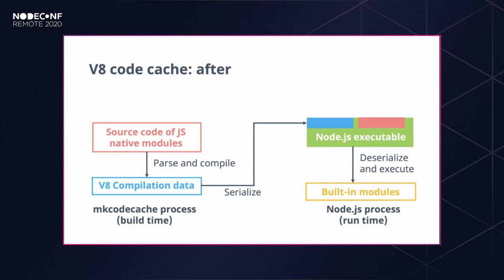The compilation data contains the bytecode generated from the source code, and with this, the next time we want to execute the same source code, V8 can skip a lot of the parsing and compilation process. So at runtime, we can directly deserialize the compilation data from the executable and use it to speed up the compilation of these internal modules.